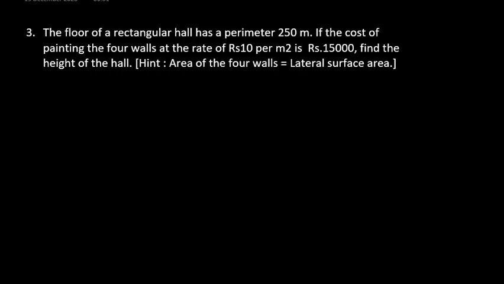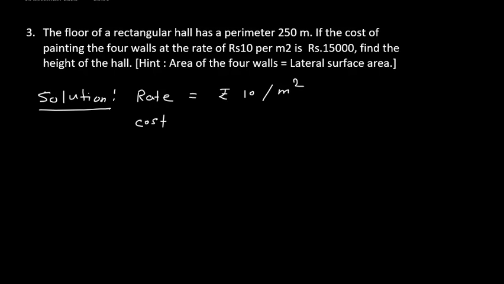We already know. So in solution, now if you see, they have given total cost. Rate is rupees 10 and total cost is rupees 15,000. So here rate, I will say rate is rupees 10 per meter square. Total cost is rupees 15,000.